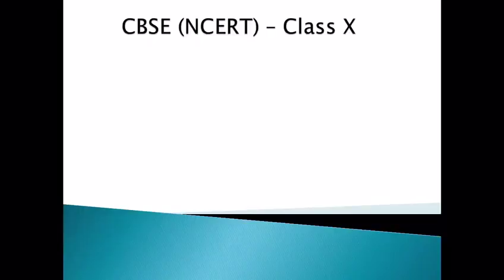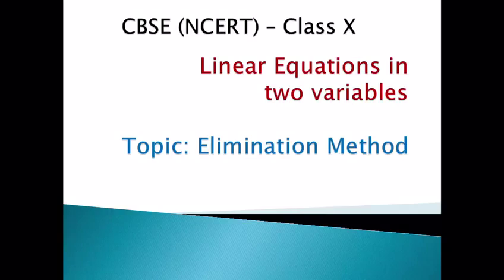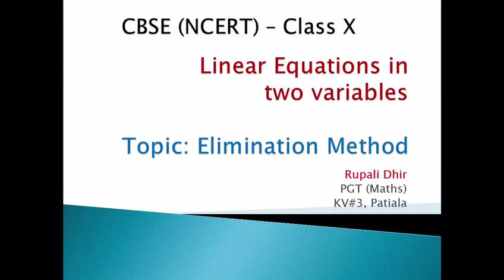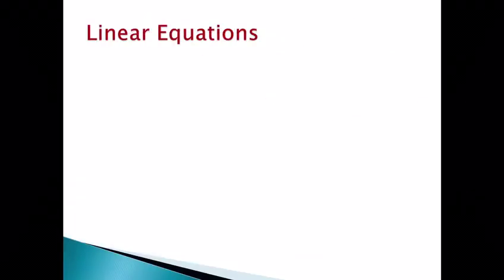Myself, Rupali Dheer, PGT Maths from KV3 Patiala, is going to tell you how to find the solution of linear equations in two variables by the elimination method. Before moving to our topic, let's have a look at linear equations.